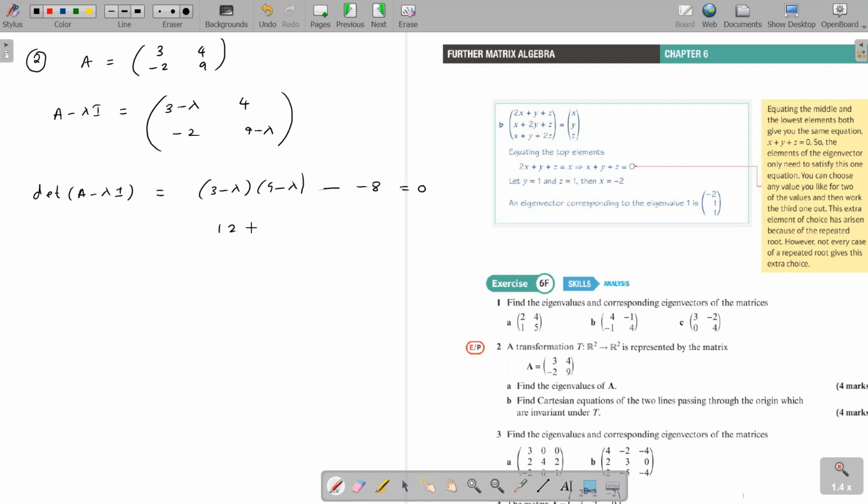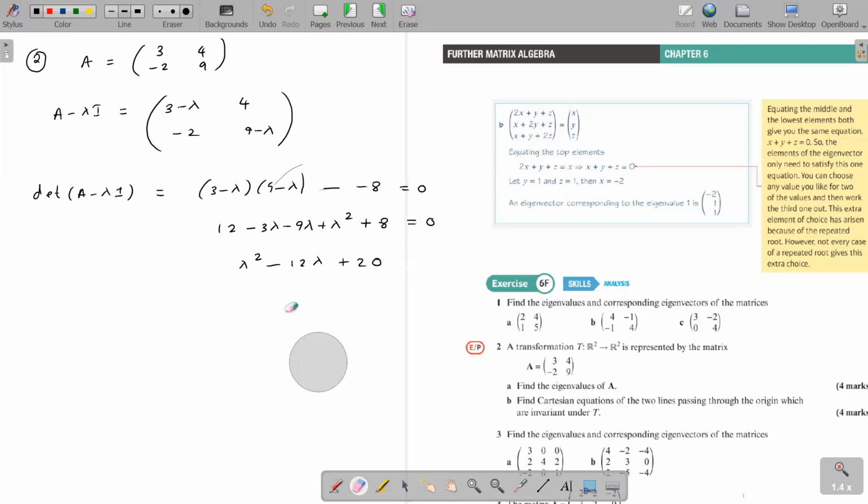So open the bracket: 27 minus 3 lambda, minus 9 lambda, plus lambda squared, plus 8. Do you agree? This is the equation: lambda squared minus 12 lambda plus 35.